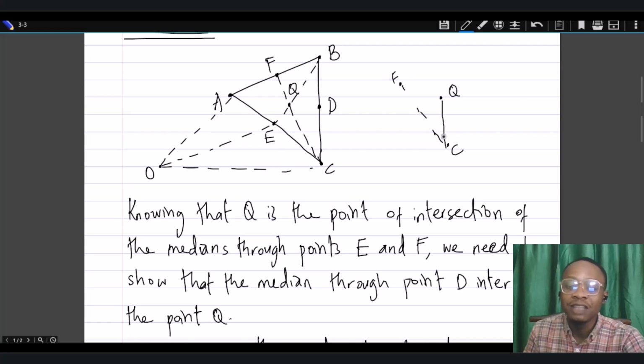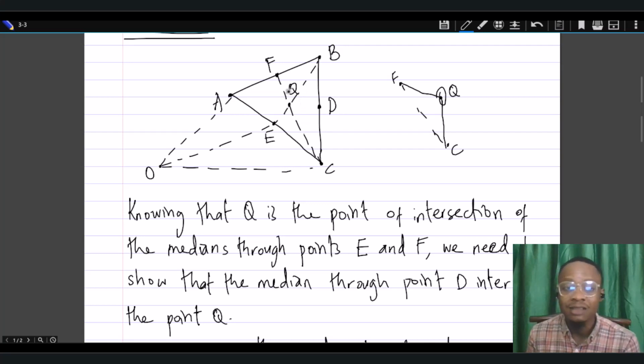We can still define the vector CQ and vector CF, but then it will not be on this line. If Q was not on this line, we would not be able to make that statement. And so the implication of collinearity will not apply if Q was not on this line. Okay, so that's the idea.